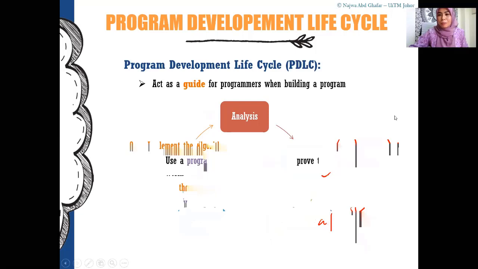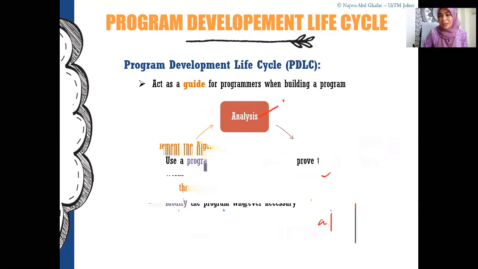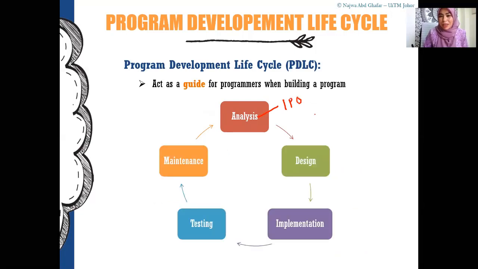Okay, so bila you tulis program, selalunya kita akan menggunakan this life cycle. First of all, kita analyze. Okay, waktu analyze ni, apa yang kita analyze, kita kena tahu apa dia punya IPO. Okay, then after that dah tahu IPO dia apa, kita design. Design apa? Design algorithm. Okay, dah design algorithm, kita implement by doing what? Coding.